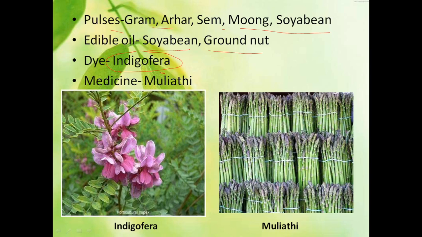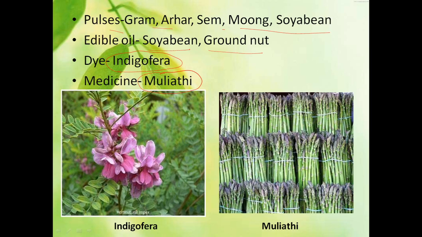A medicinal plant like Mulethi is very commonly used, especially for the preparation of cough syrups and for throat infections. We use Mulethi in Ayurvedic medicines. Mulethi is basically obtained from a plant that belongs to the Fabaceae family.